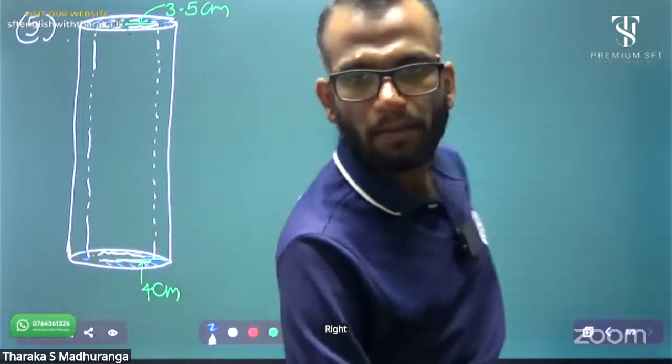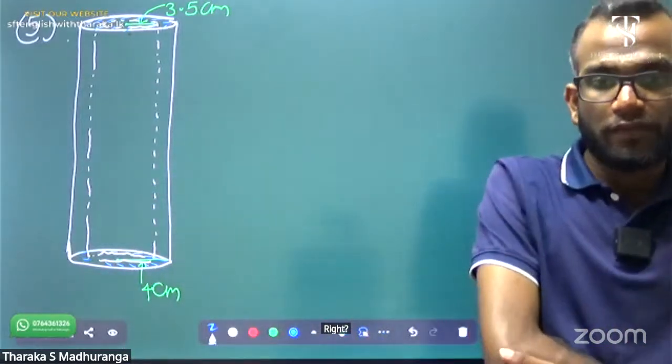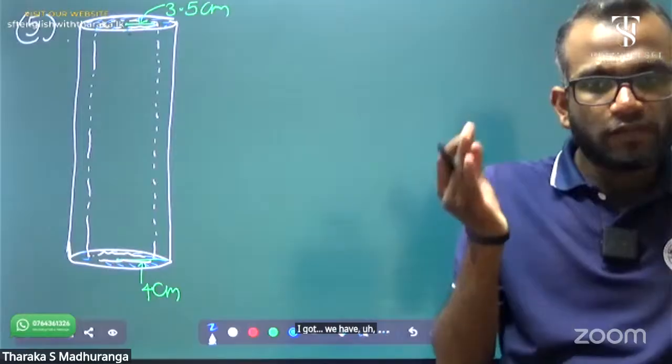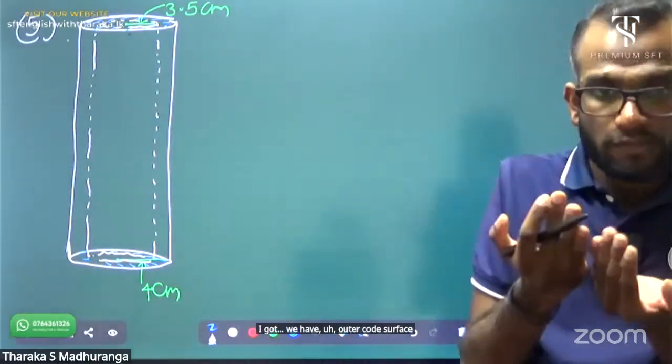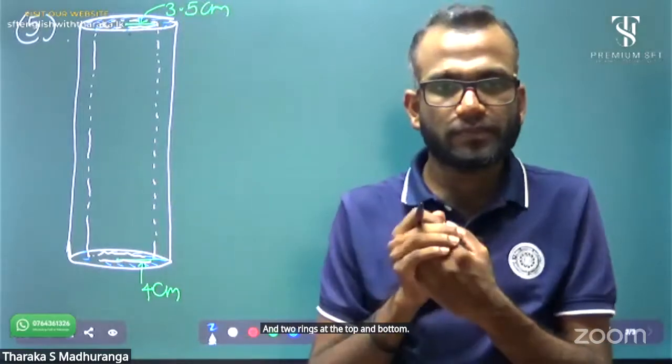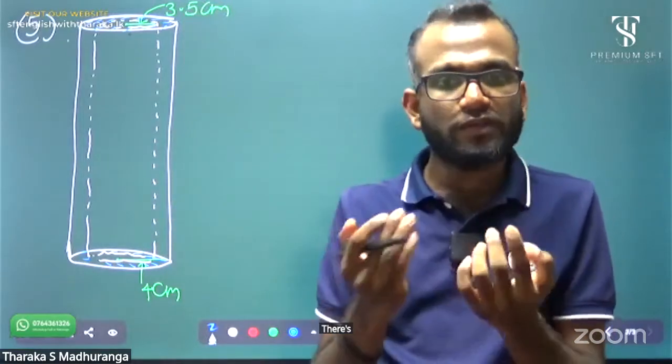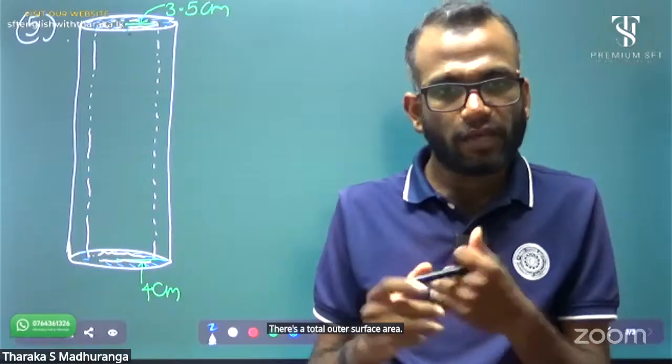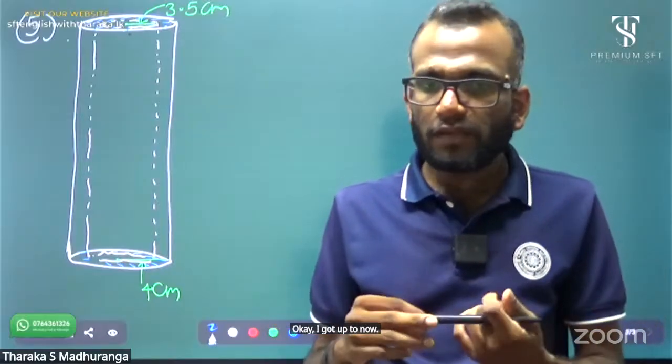I got it. We have the outer curved surface, the inner curved surface, and two rings at the top and bottom. That's the total surface area. Okay, I got up to now. Safa?